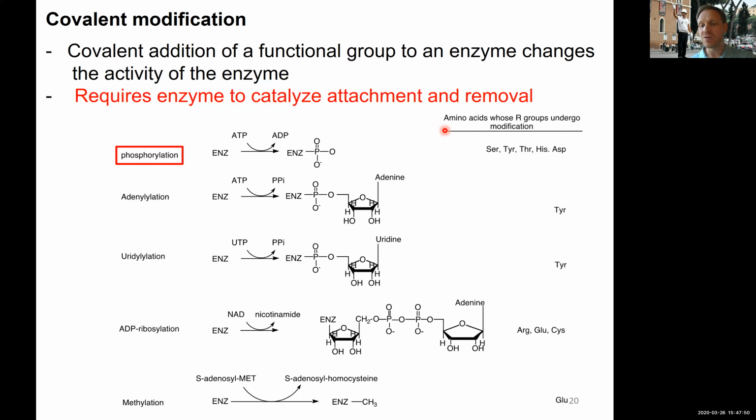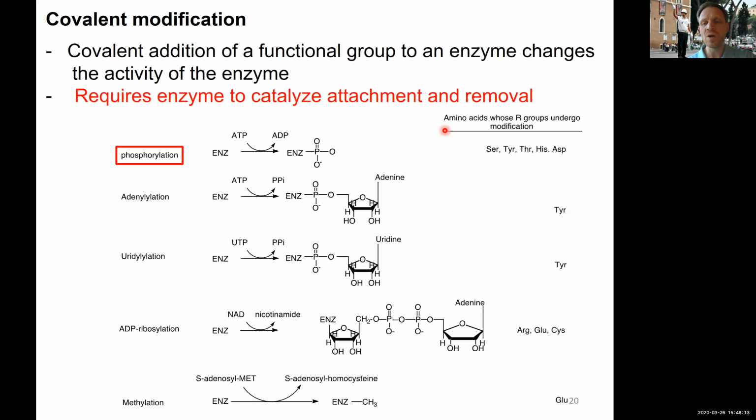We're not just reversibly attaching a metabolite. The first important aspect to say here is that this requires enzymes to do it. So if you want to covalently change an enzyme, you need another enzyme to do this. So this will be the first time that we're seeing enzymes that don't have small molecule metabolites as their substrates. Their substrates are other proteins.